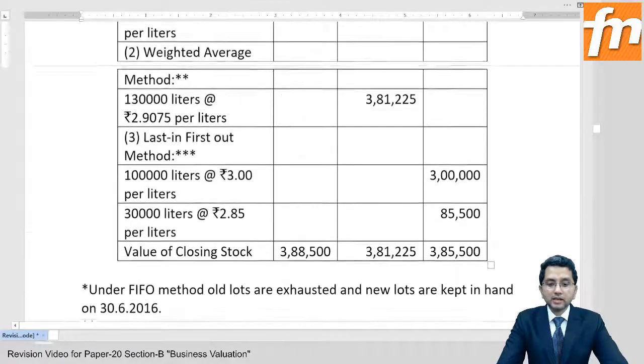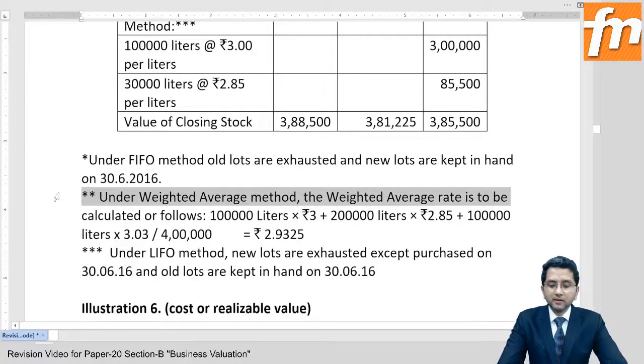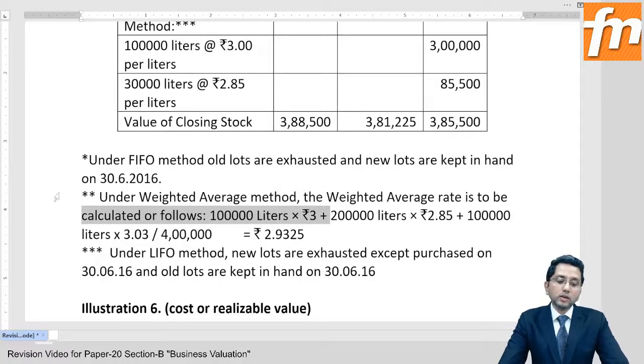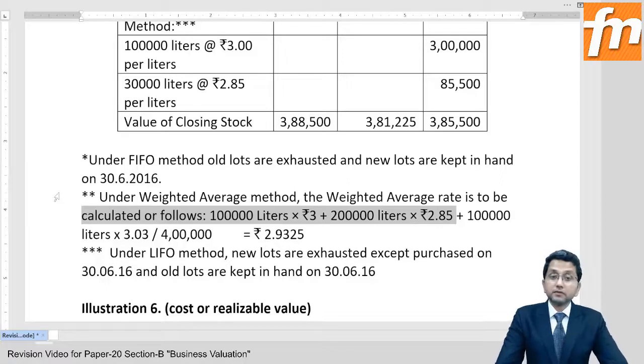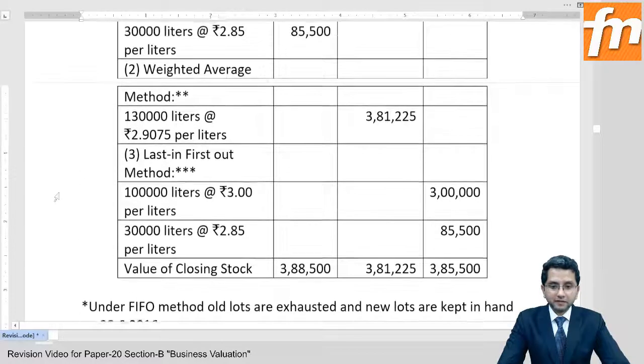So here I calculate the weighted average like this: 1 lakh liters at 3 rupees opening stock, 2 lakh liters at 2.85 June 1st purchase, then 1 lakh unit at 3.03 June 30th purchase. Total of weights is 4 lakh and the weighted average is 2.9325.